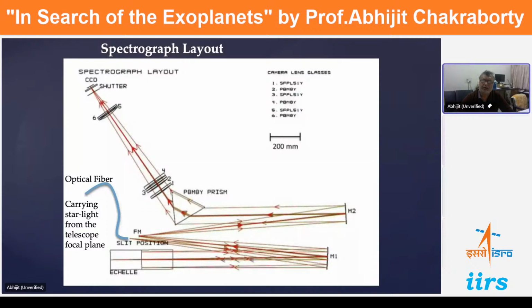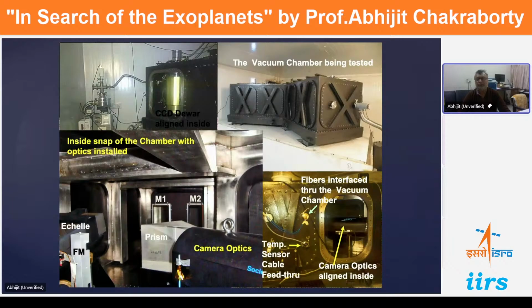Okay, this is the layout of the spectrograph, and it has to be kept in a vacuum chamber, because, as I showed you, if you want to measure a few meters per second, then the instrument has to be stable.